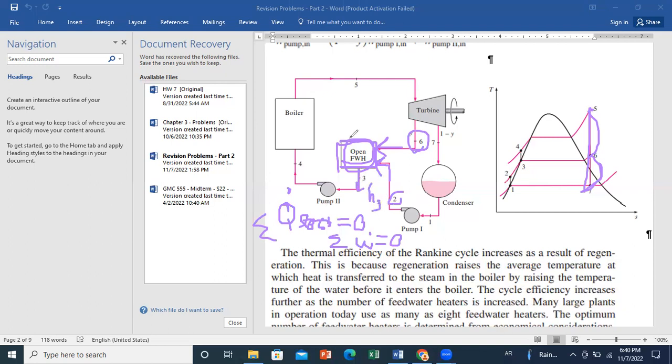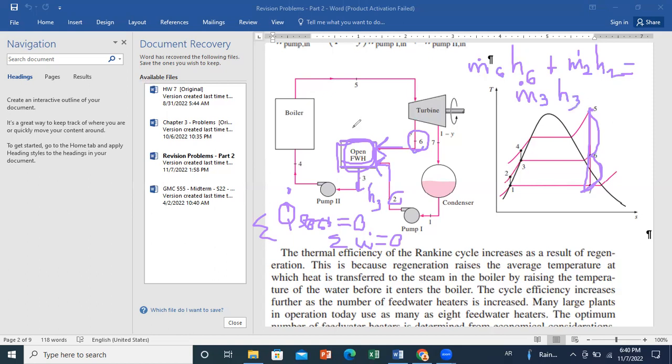So by just doing an energy balance, I can put m dot 6 times enthalpy at 6 plus m dot 2 times enthalpy at 2 equals the total mass flow rate, m dot 3, which is the summation of m dot 6 and m dot 2, times H3.